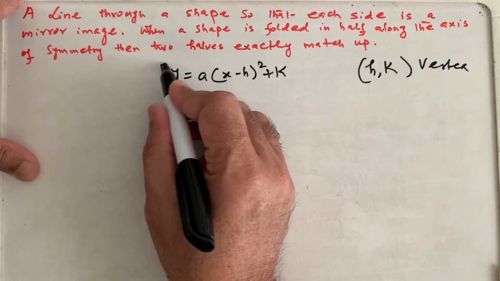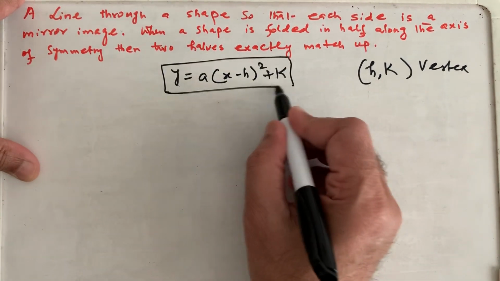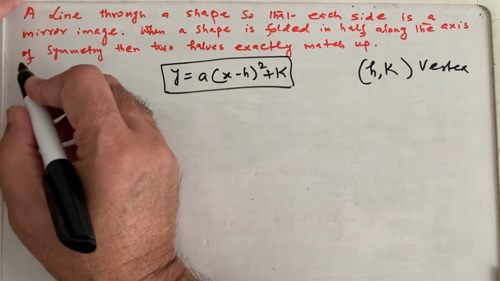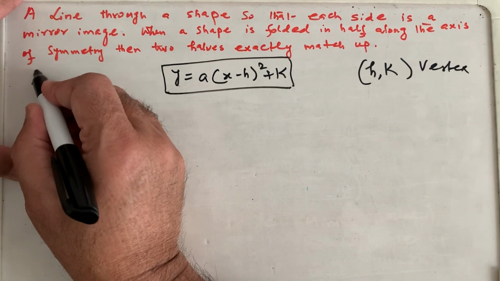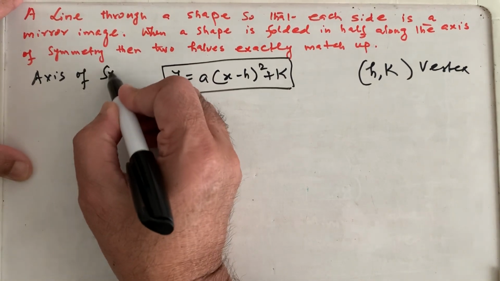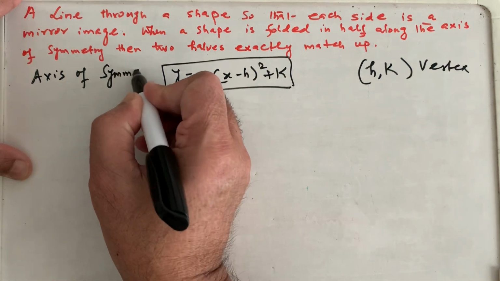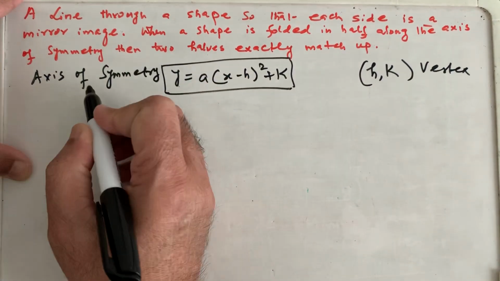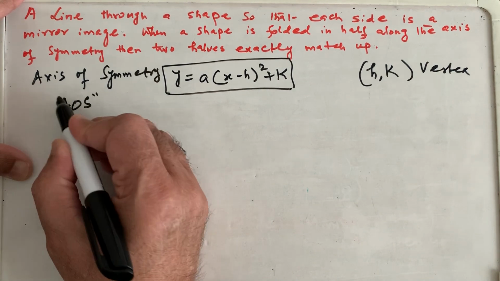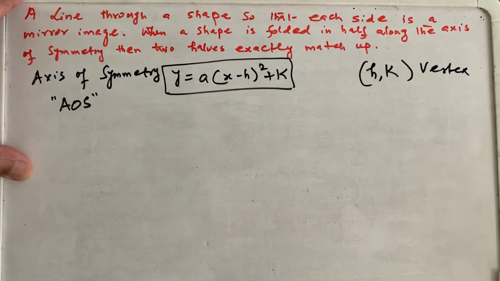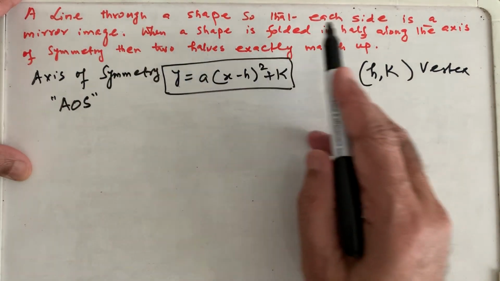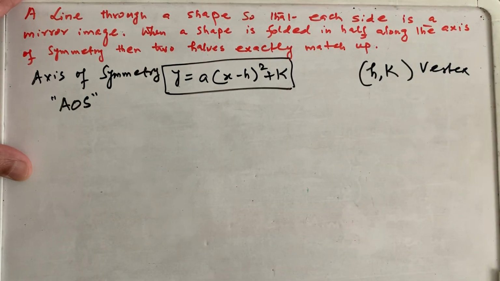We learned that, right? And we are now dealing with another property of the parabola, which is called line of symmetry or axis of symmetry, sometimes shortened as AOS. What is axis of symmetry? A line through a shape so that each side is a mirror image.